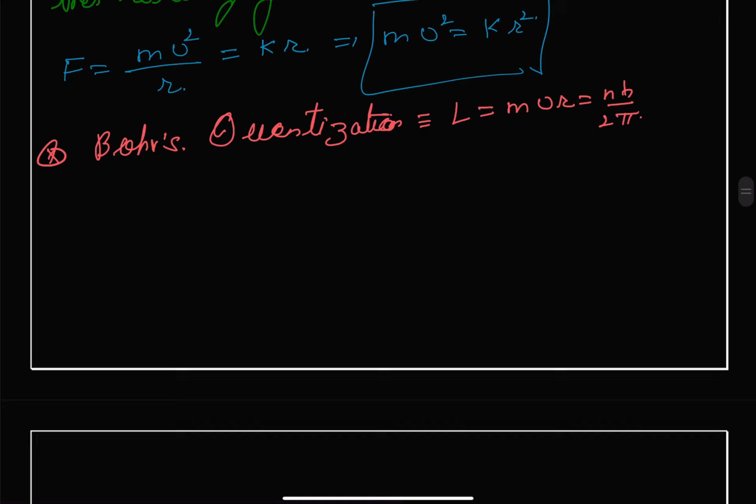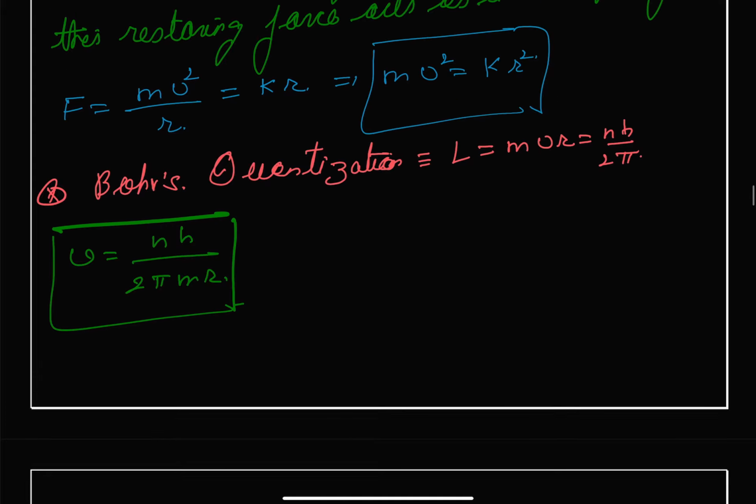So from here we can find out our velocity. The velocity v will be equal to nh upon 2 pi mr. So this is our value of velocity, and we substitute this value of velocity. Let us call this equation 1.